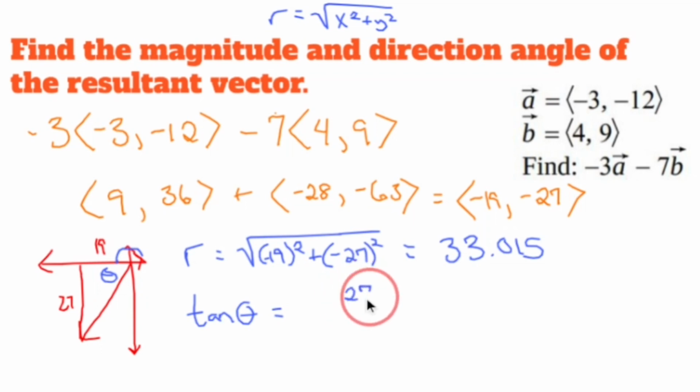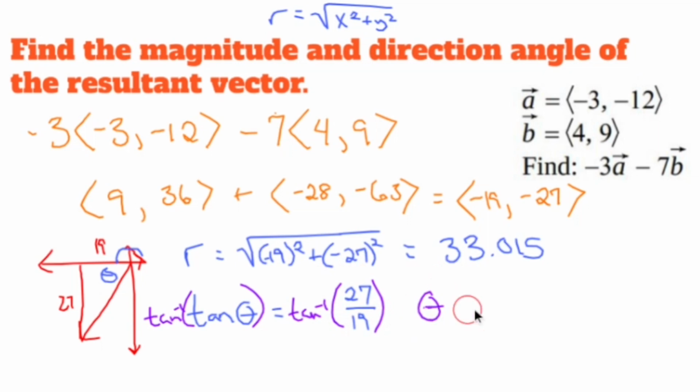So 27 over 19. In order to get theta all by itself, we're going to inverse tan. And that gives me a theta of 54.865. Did that in my head too.